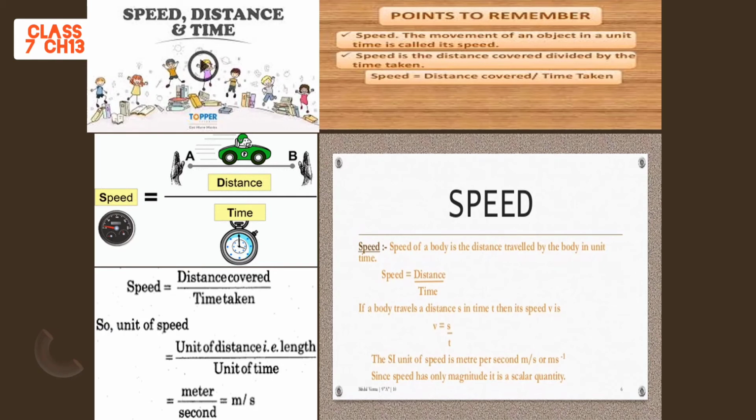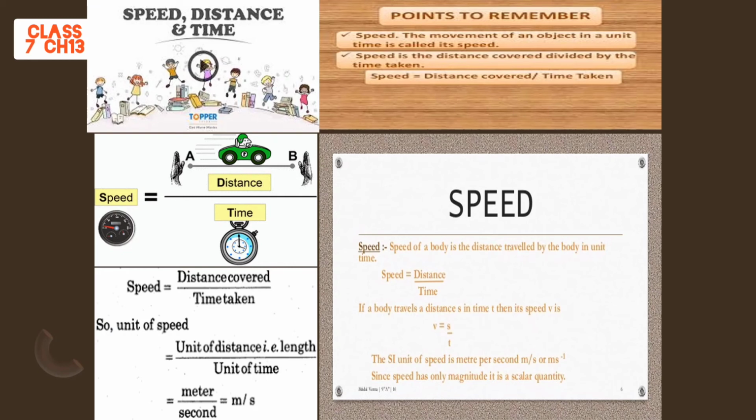And when we write down the formula, if we represent the speed by V, S is the distance, T is the time taken, then V is equal to S upon T. Now remember, speed is having only magnitude, does not have any direction. So speed is a scalar quantity.